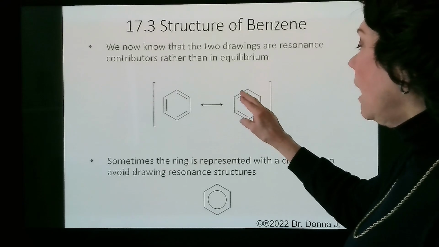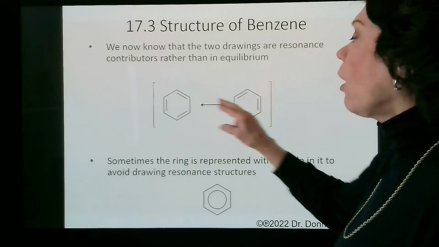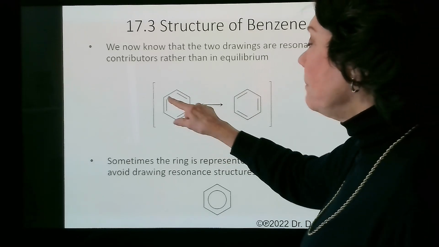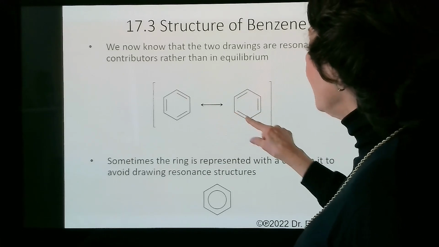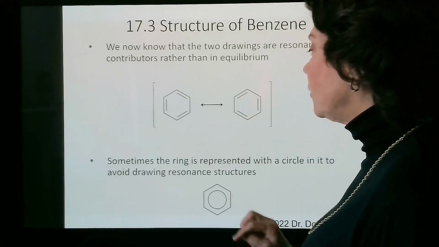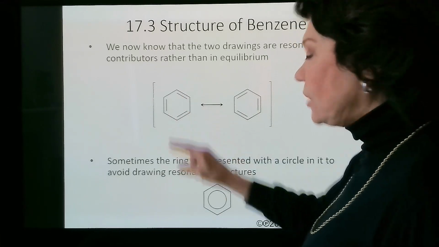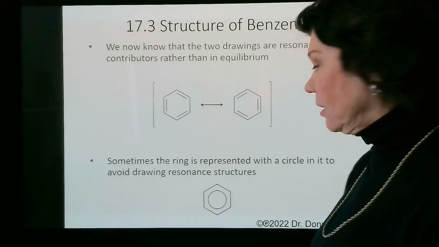So the pi system is sort of like a blur, where the pi system is not isolated here and then jumps over here to these new positions. The pi system stays in one place and it has resonance.